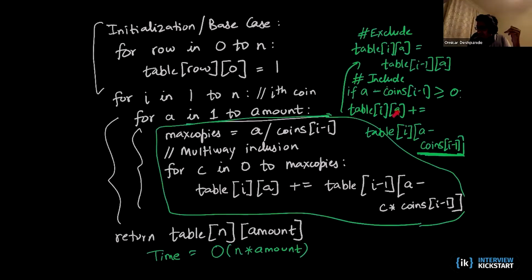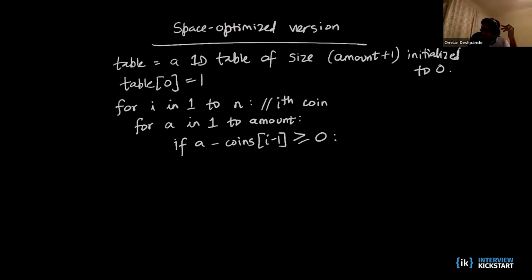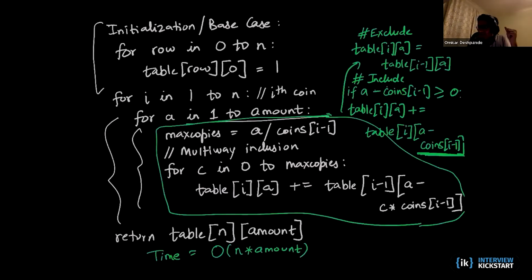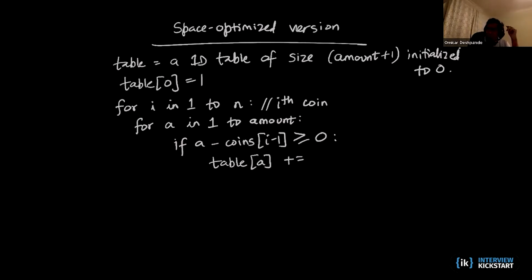So we'll say table of a is going to be incremented by the value in table of a minus coins of I minus 1. The row index is implicit in the iteration number of this loop. So we just increment it by table of a minus coins of I minus 1.